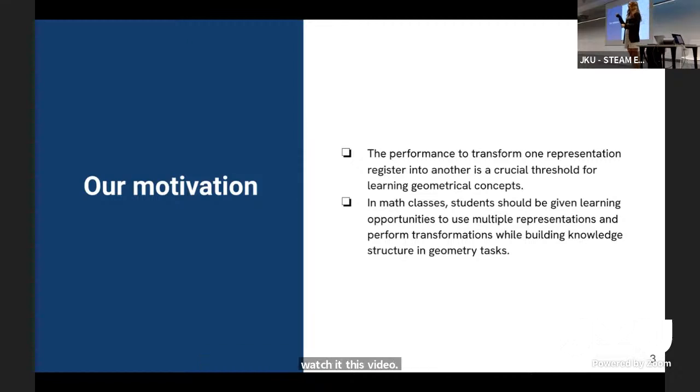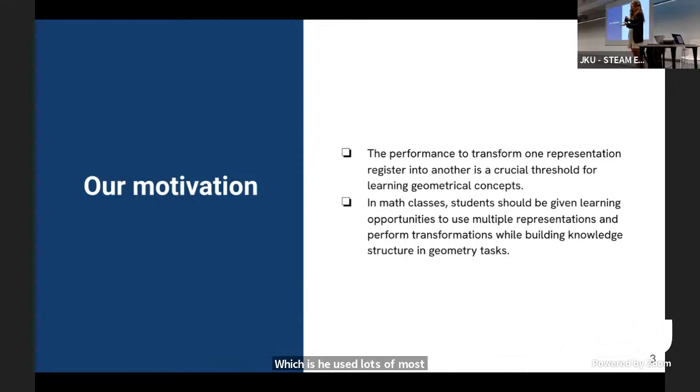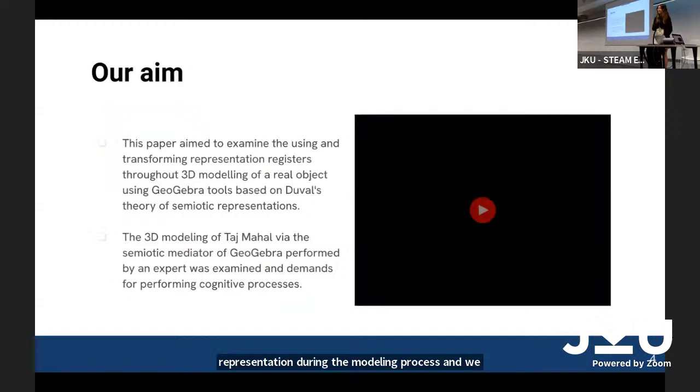I know noticing is my focus topic, but I don't want to mention it right now. We noticed something very important for the modeling process, which is he used lots of multiple representations and transformed between them. And we asked ourselves, how or does the 3D modeling process enhance students' use of multiple representations during the modeling process? And we decided to examine this part.